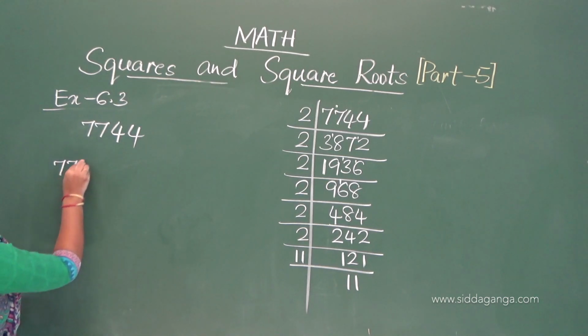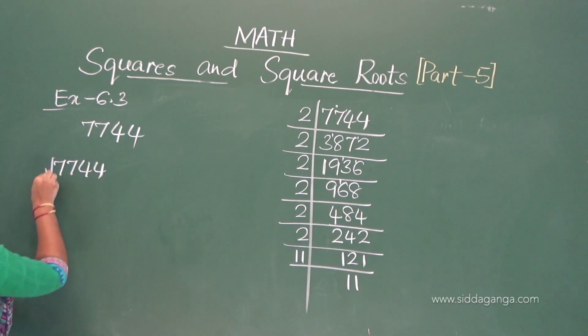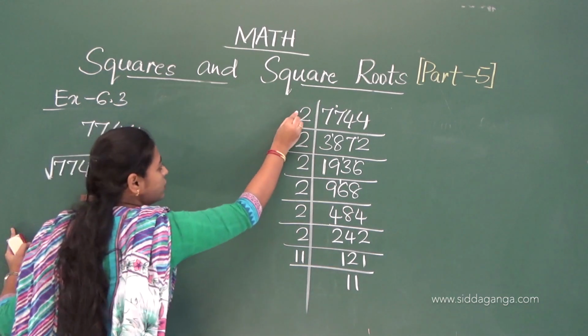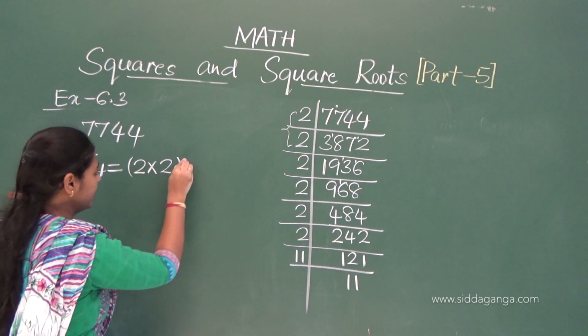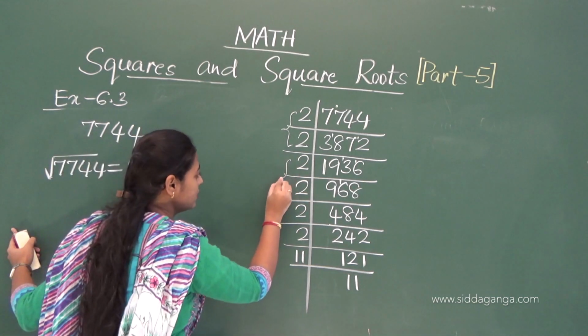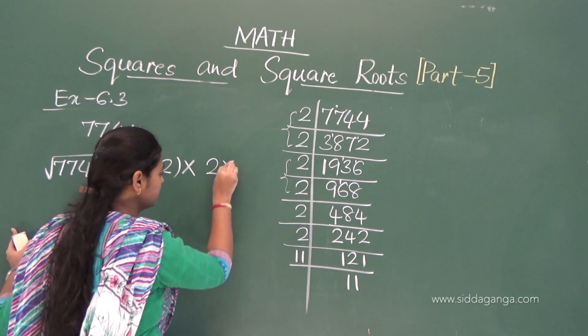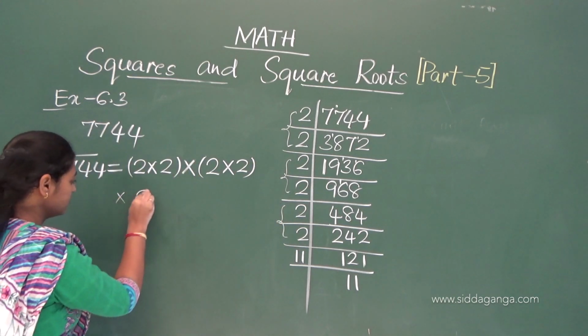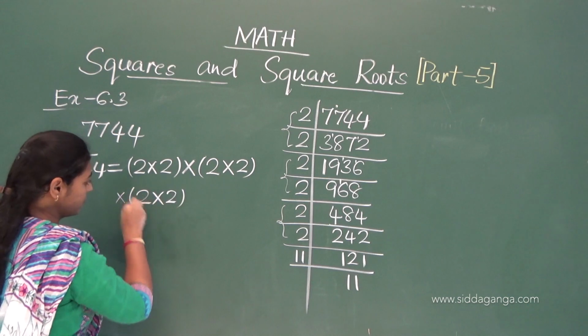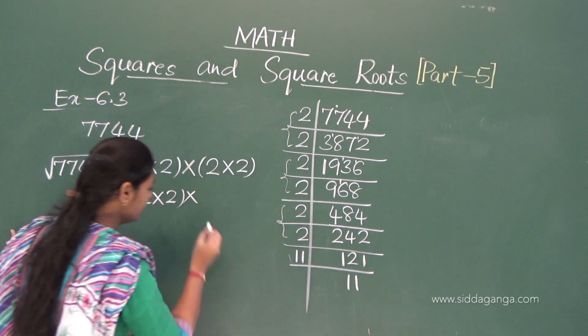Root of 7744 is equal to 2 into 2, we are making the pairs of similar numbers, next 2 into 2, next 2 into 2, into 11 into 11.